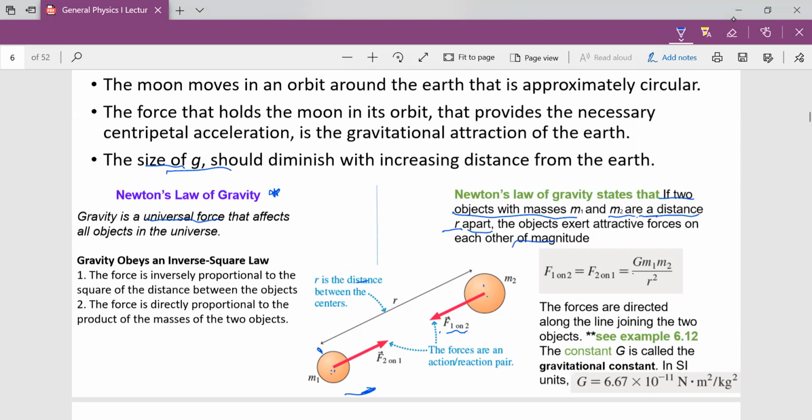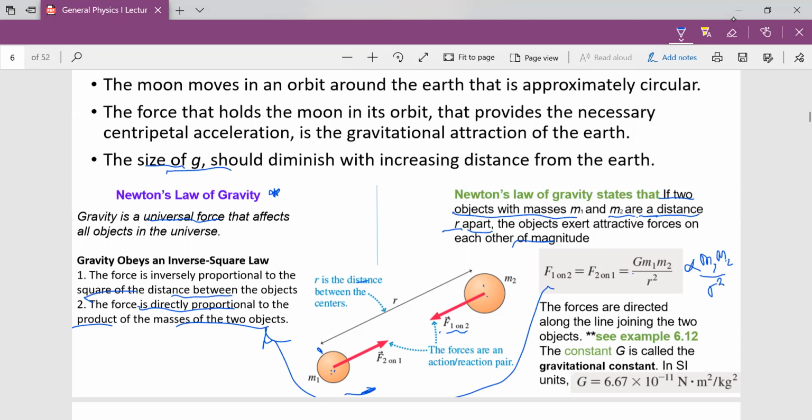Now, this is just the summation of this statement. So the force is directly proportional to the product of their masses, and inversely proportional to the square of their distance, which is r.